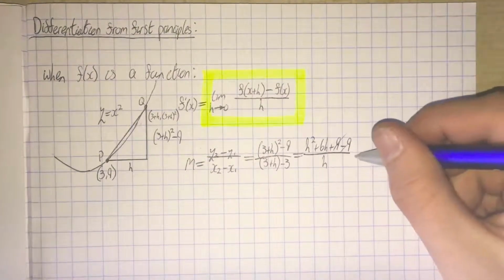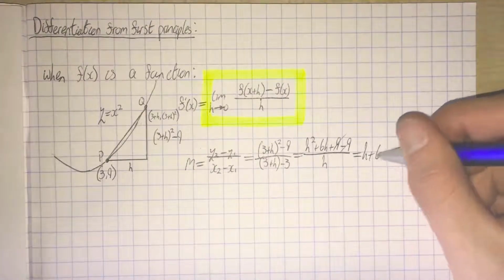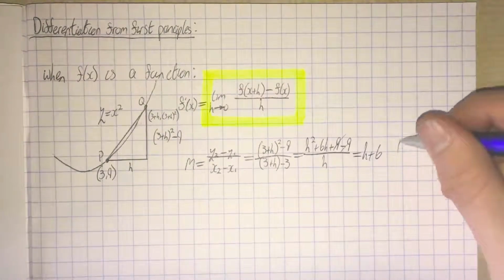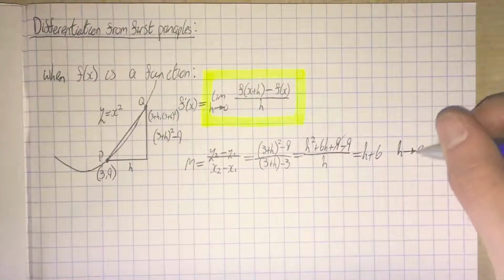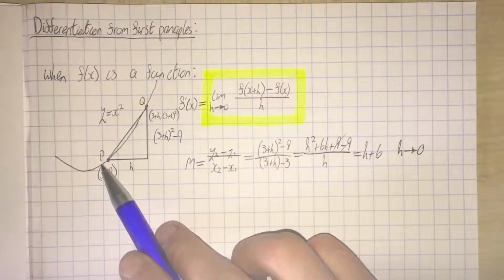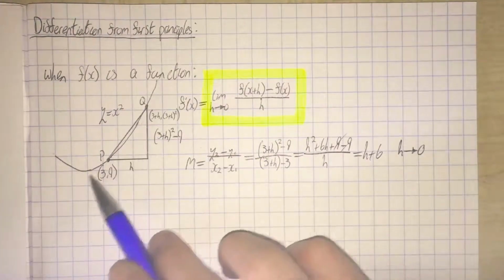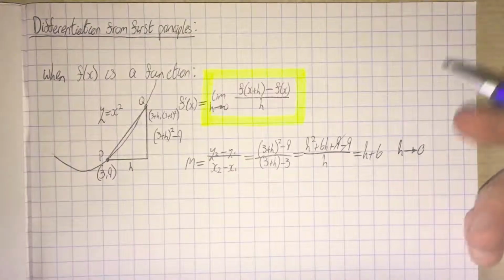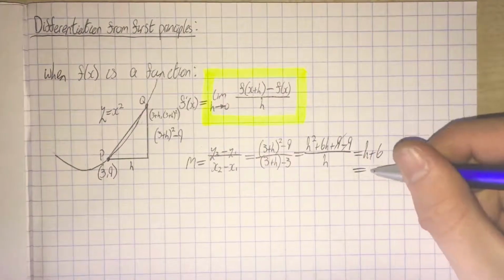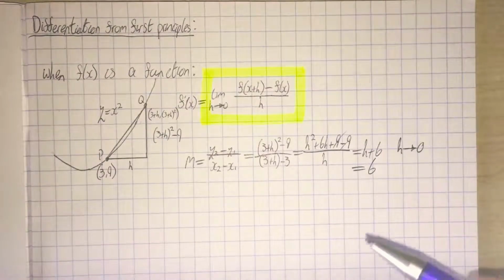The 9 will cancel off, and this will give us a nice succinct h plus 6, which as h tends towards 0, as we're making this gap smaller and smaller to make these points closer and closer together, which will get closer to our tangent at this point, we will find that it is equal to 6, which is where this idea comes from.